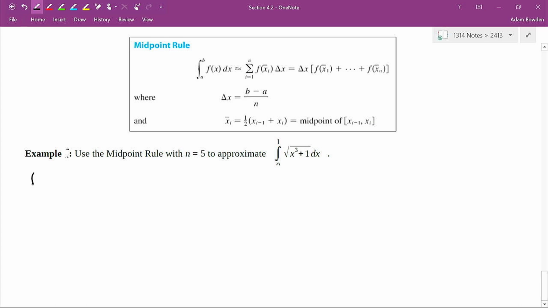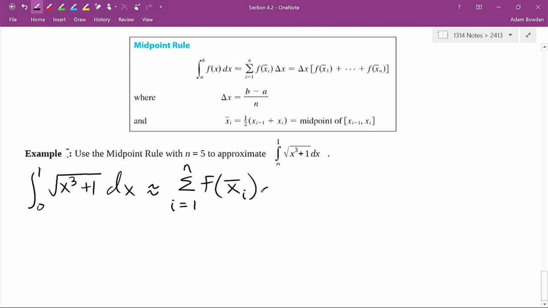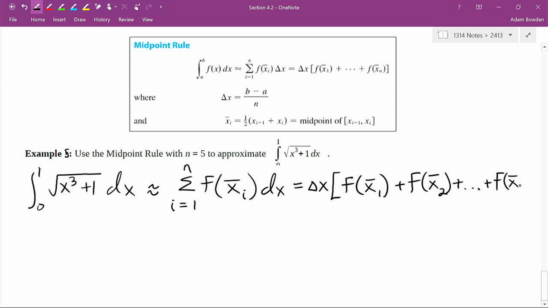So according to this, the integral from 0 to 1 of the square root of x cubed plus 1 dx is approximately the summation i equals 1 to n of f(x̄i) delta x. And that's equal to delta x times f(x̄1) plus f(x̄2) plus ... all the way up to f(x̄n).